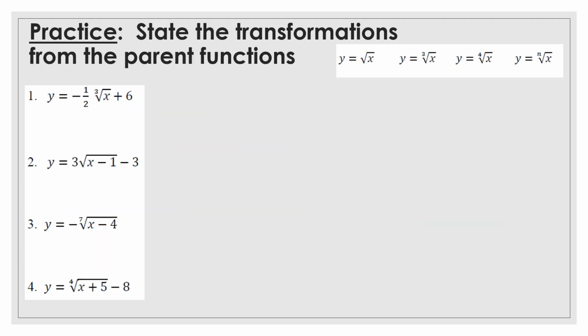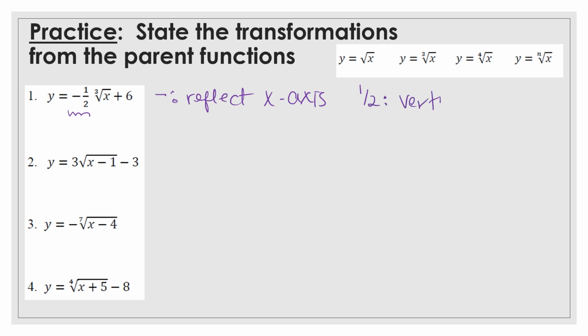We're going based upon the parent functions, the square root, cube root, fourth root, nth root, whichever root we want, doesn't matter. All right, so in example 1, we've got two things in front of our cube root of x. The negative tells us to reflect the x-axis. However, the 1/2 tells us to do something different.